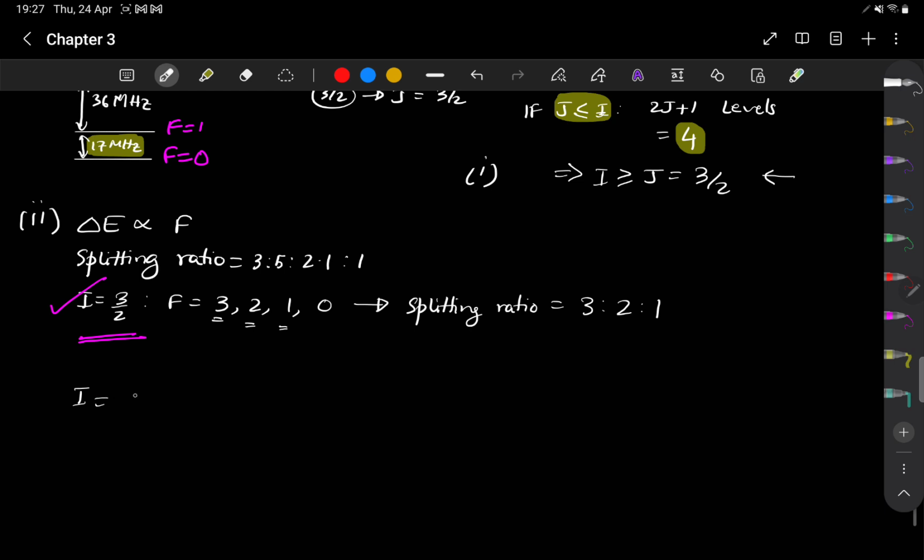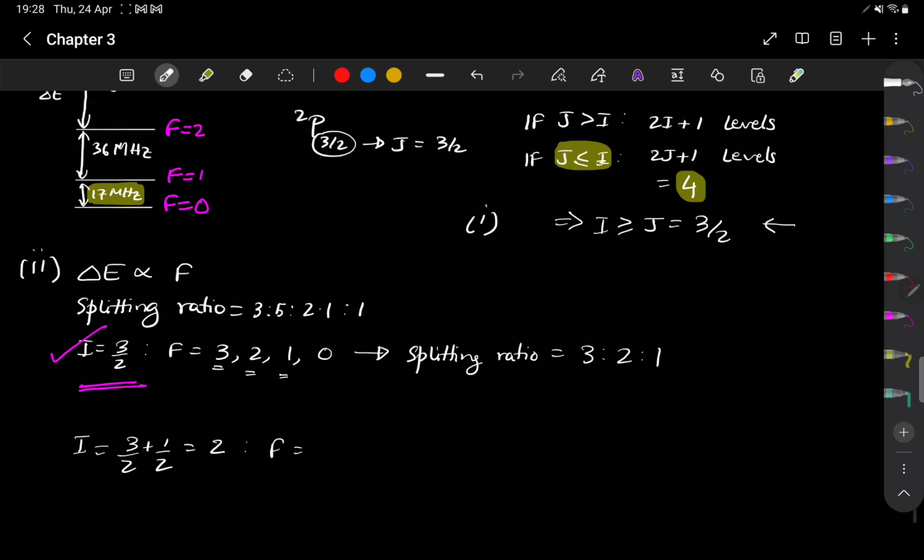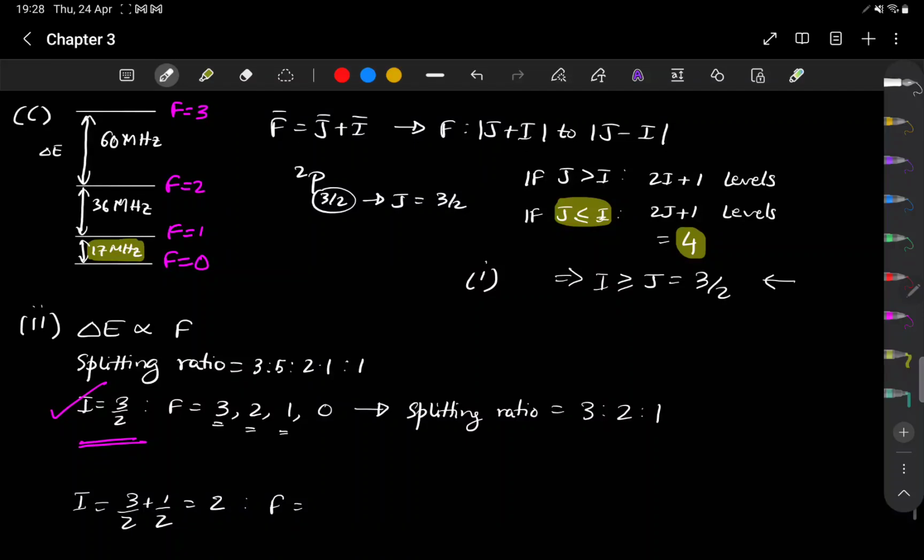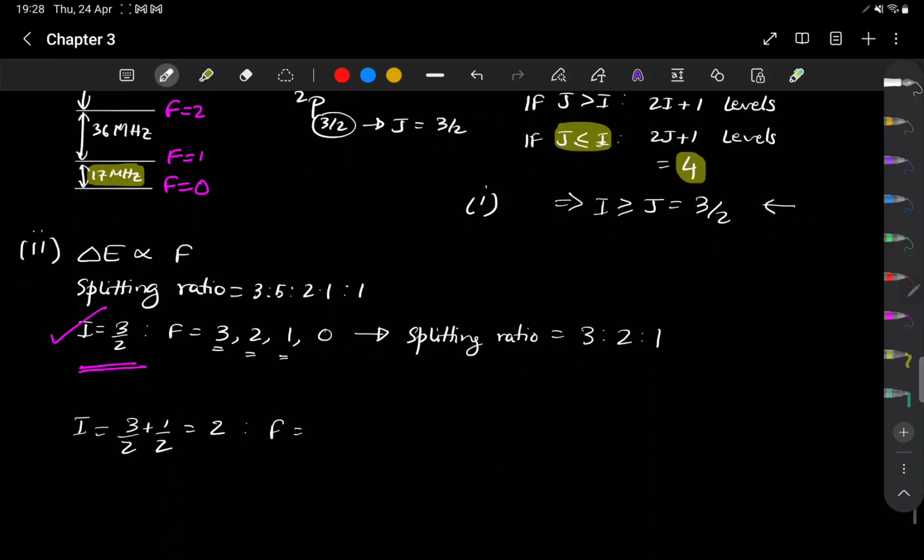So the next value of I will be 3 by 2 plus 1 by 2, which is equal to 2. For this value of I, remember F is J plus I to mod of J minus I, and J is 3 by 2.